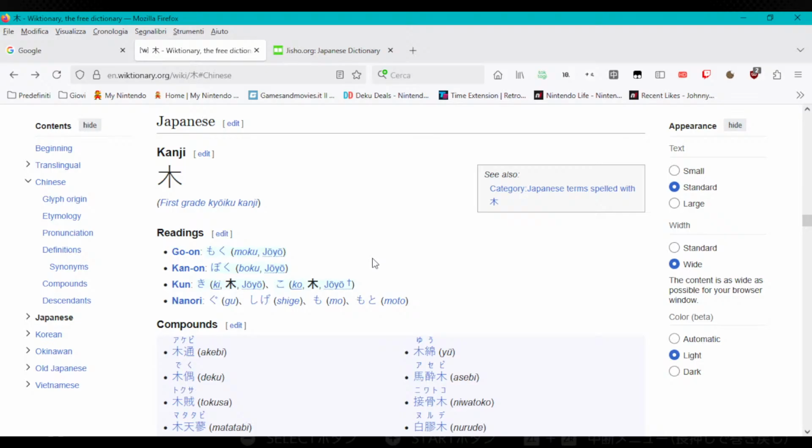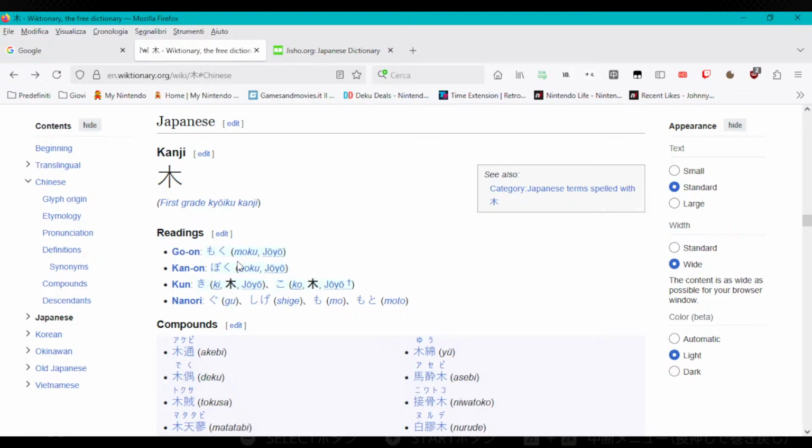The ones that interest us are Gon, Kanon, and Kun. The Nanori ones are readings exclusive to names, and so they don't matter for learning to read the kanji when you find it usually.